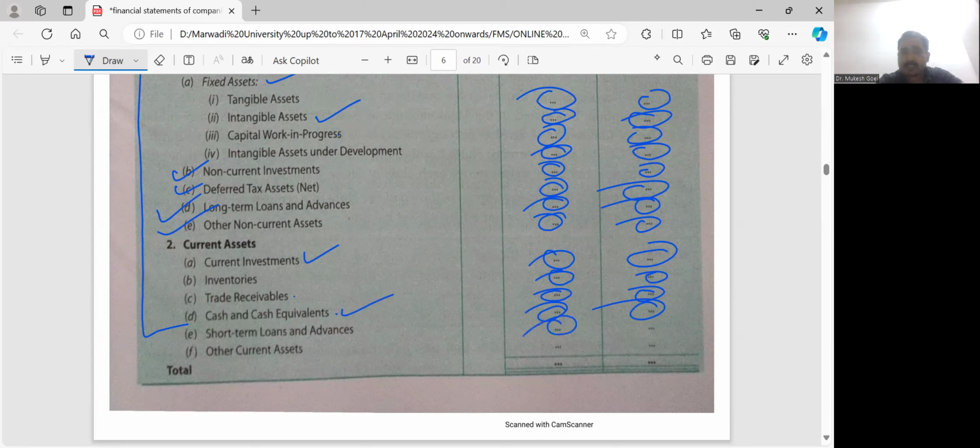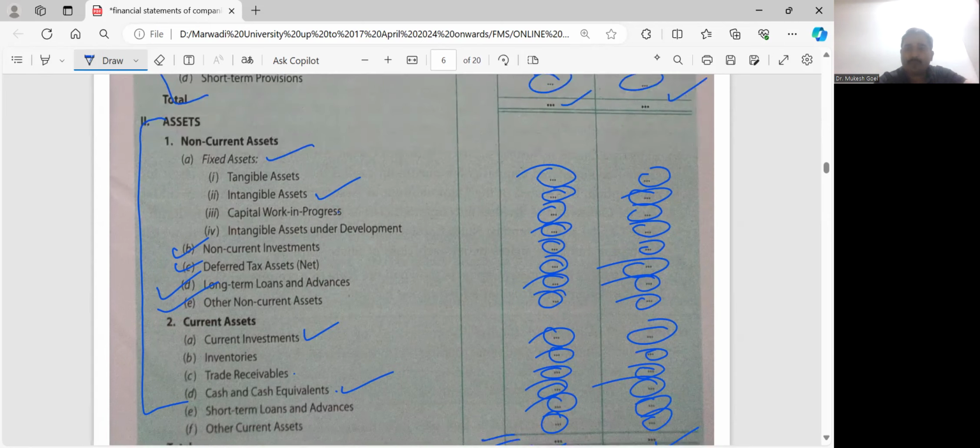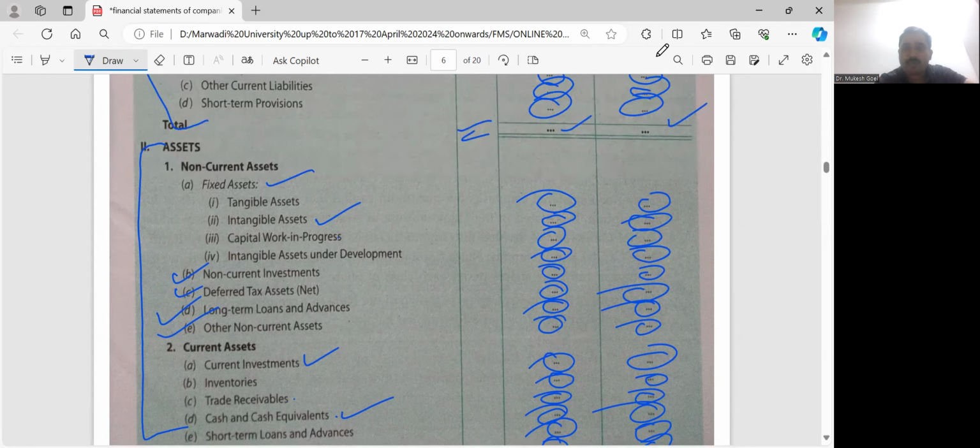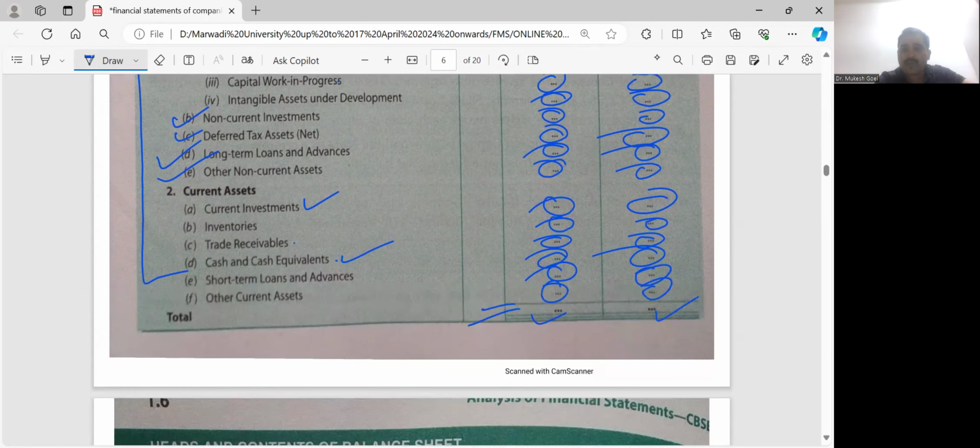Short-term loans and advances, prepaid expenses, extra, or other current assets. This is the total of assets. So this total should be equal to the liability side. If the total of the liability side is 20 lakh, then the total of the asset side is also 20 lakh.